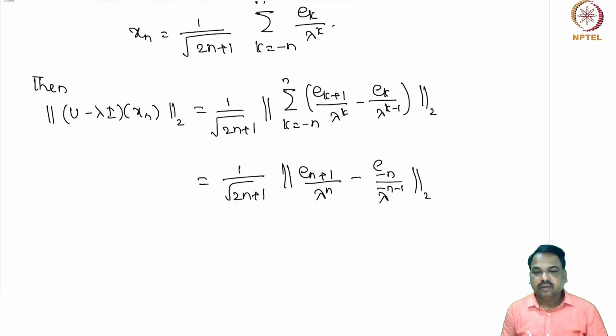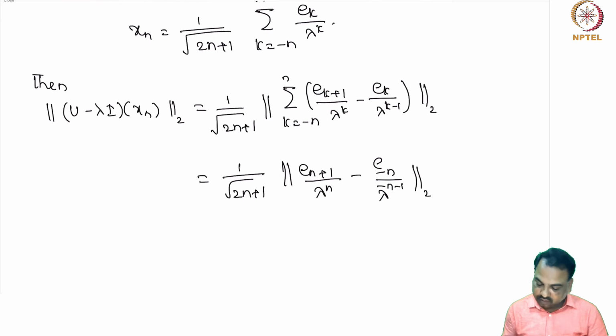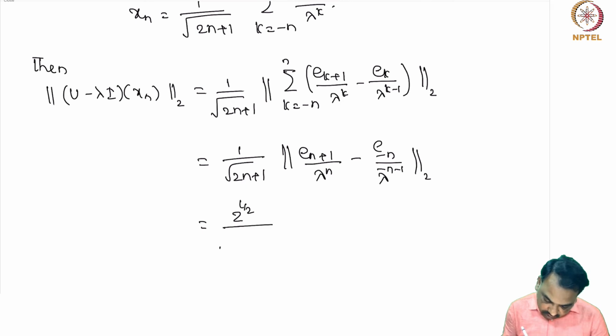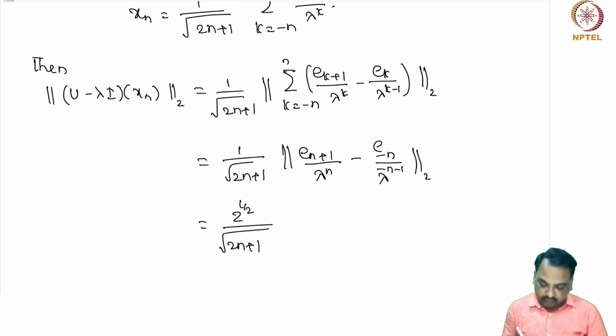We know that the L2 norm of En is 1 for every n, but the norm of the difference is square root 2. We also know that mod lambda equals 1. So this is square root of 2 divided by square root of 2n plus 1, and we know that this goes to 0 as n tends to infinity.